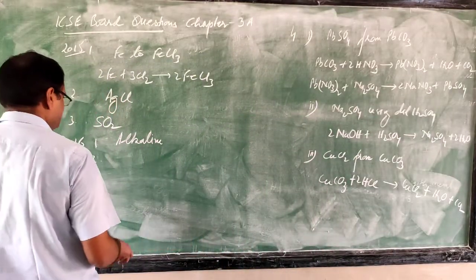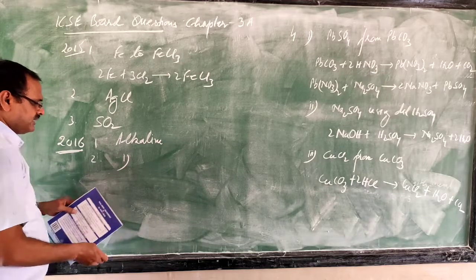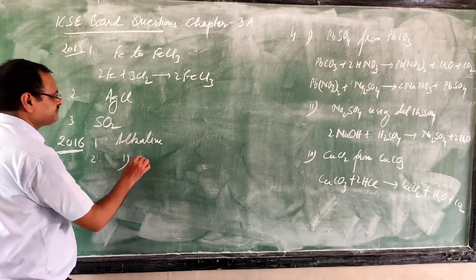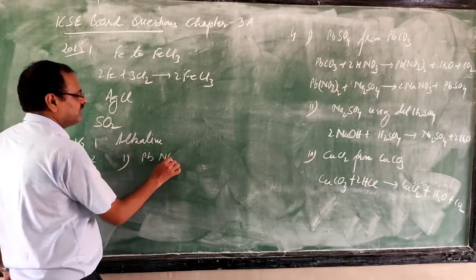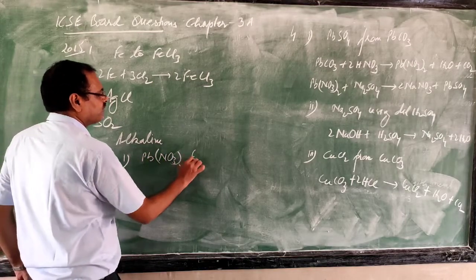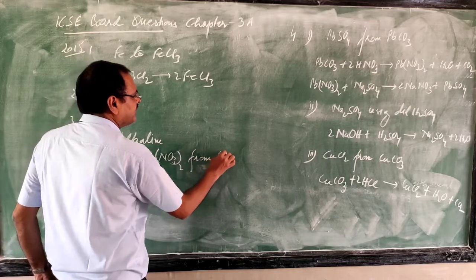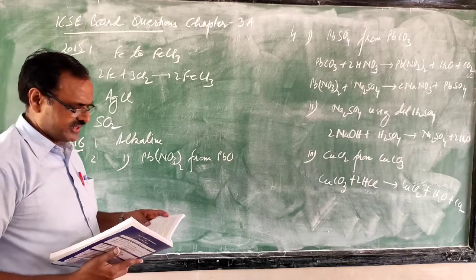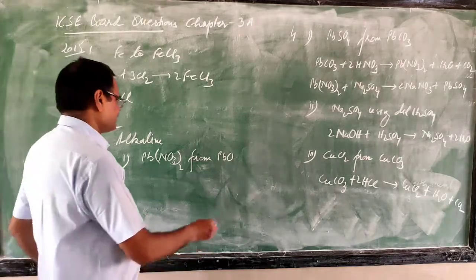The first one is given, lead nitrate from lead oxide. You know it is neutralization. So just see, at any place, C, neutralization.